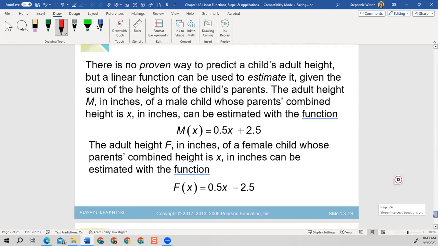So I have m of x is equal to 0.5x plus 2.5. And then we have this function. Okay. So it's actually an application. It says that m is going to represent my male children whose parents has a height x inches. And then we have a female child whose height is in x inches.